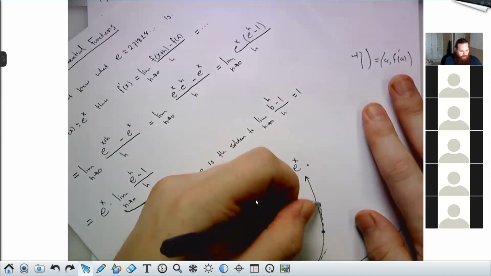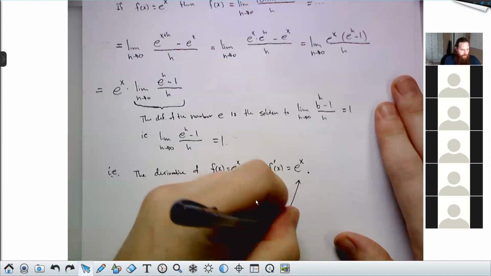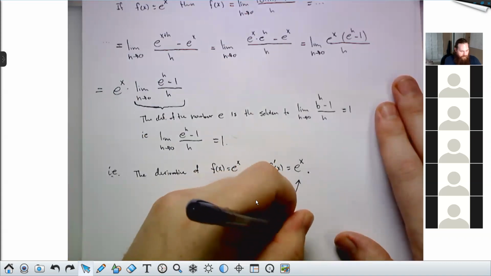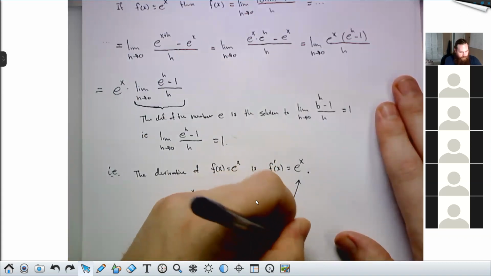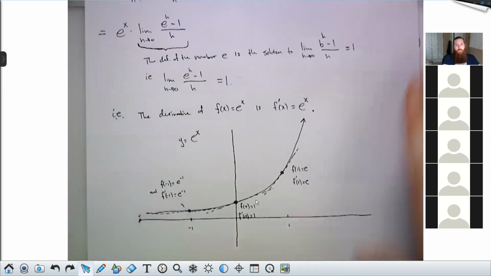Over here, f of 1 is e, and f prime of 1 is e. So e to the x is the unique function that is equal to its own derivative.